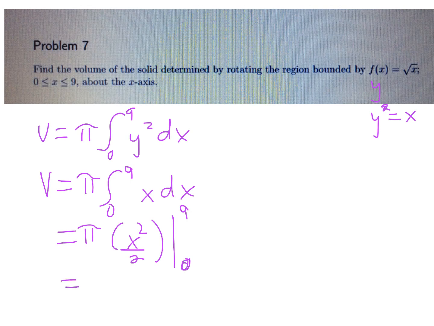And so we end up with 81 over 2 pi minus 0 over 2 pi, which is just 81 over 2 pi. And so that is the volume of the solid.